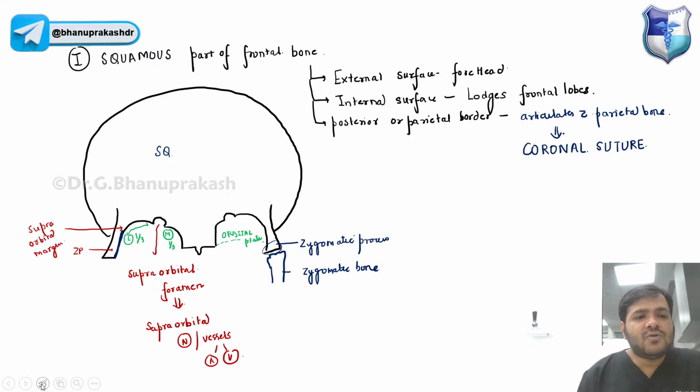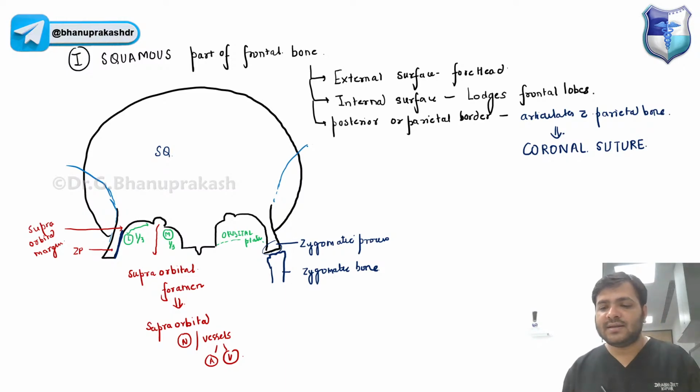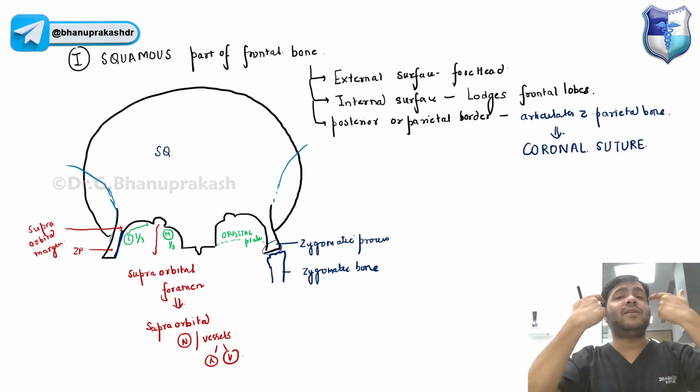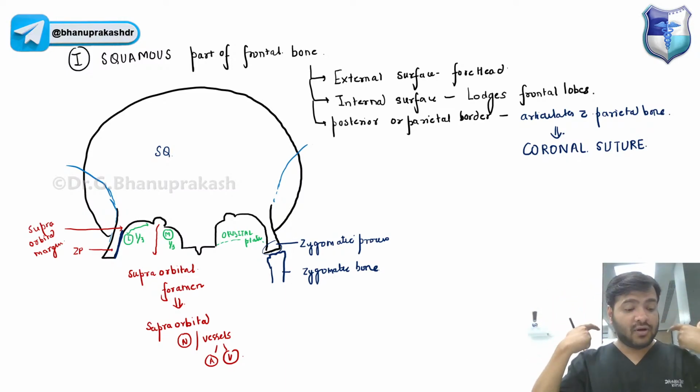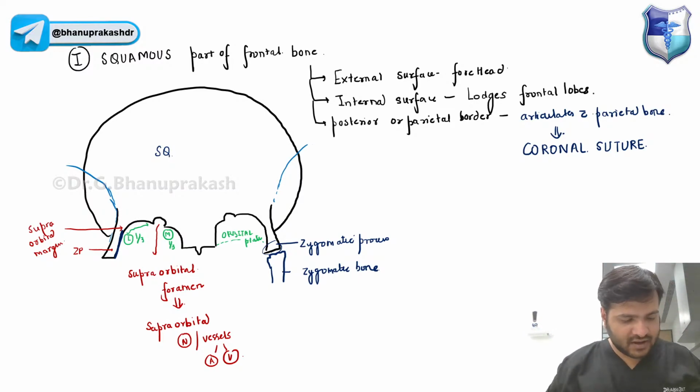Now, guys, one important thing: remember, behind the zygomatic process we have these posterior margins that will be going behind, and while going behind they form lines. You already know these lines, guys. Very good.